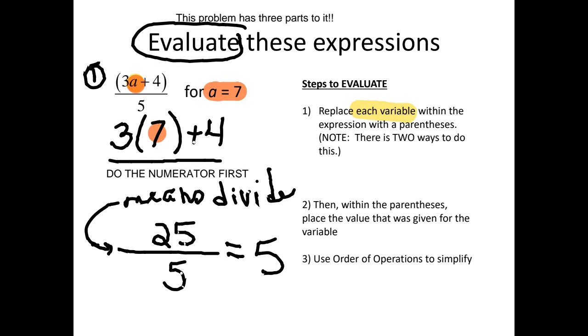Second, do the denominator. And thirdly, divide. But remember, you do not want to give a decimal. 5's not a decimal. So we write the number 5.